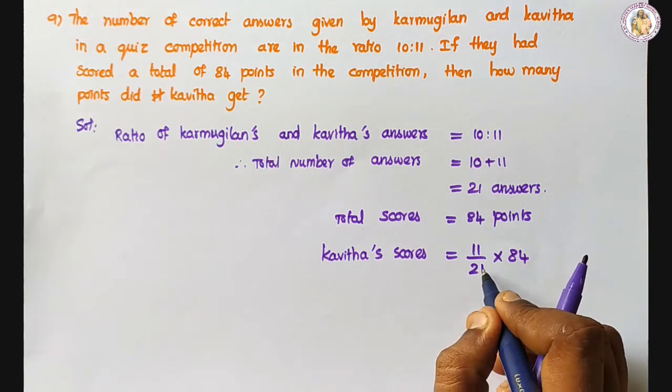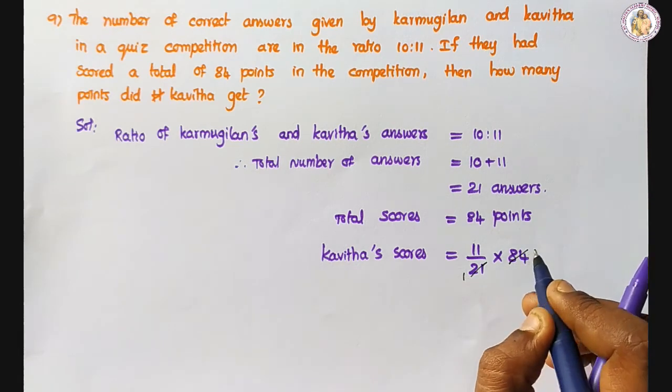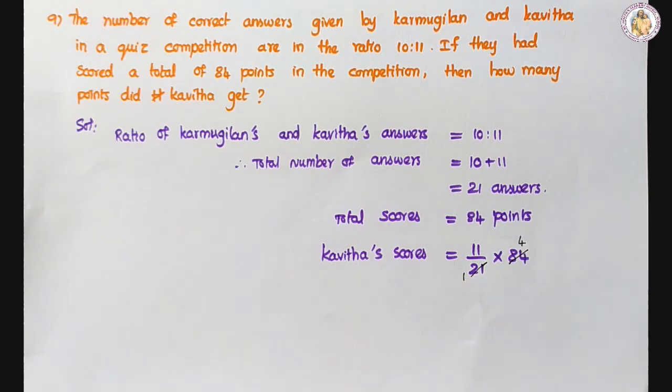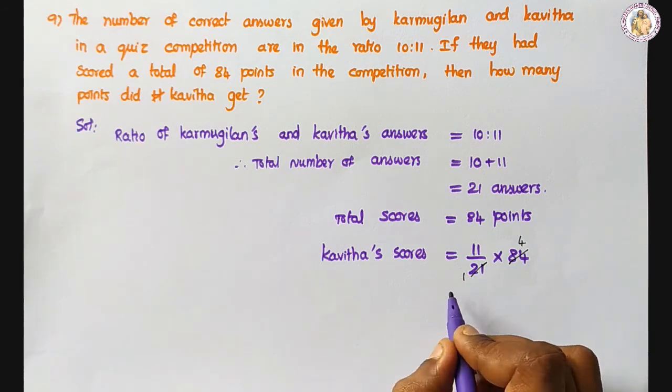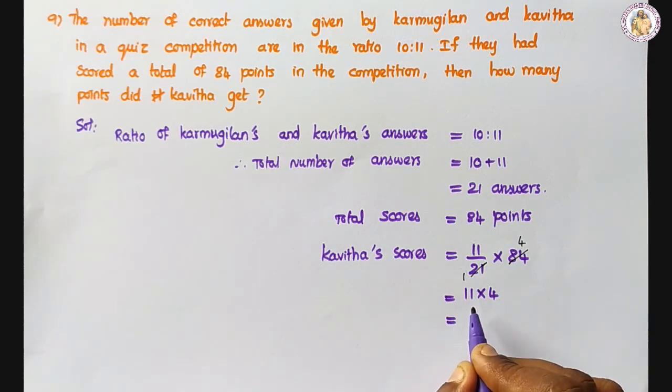So, cancel that. 21 1 is 21. 21 4s are 84. Multiply the remaining numbers. 11 into 4, that is 44 points.